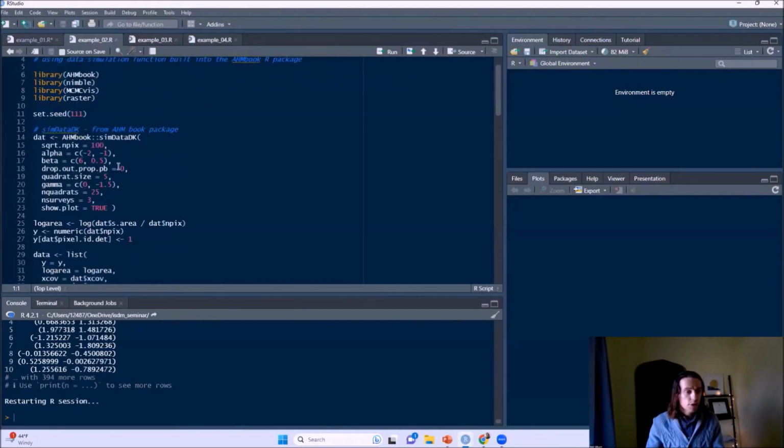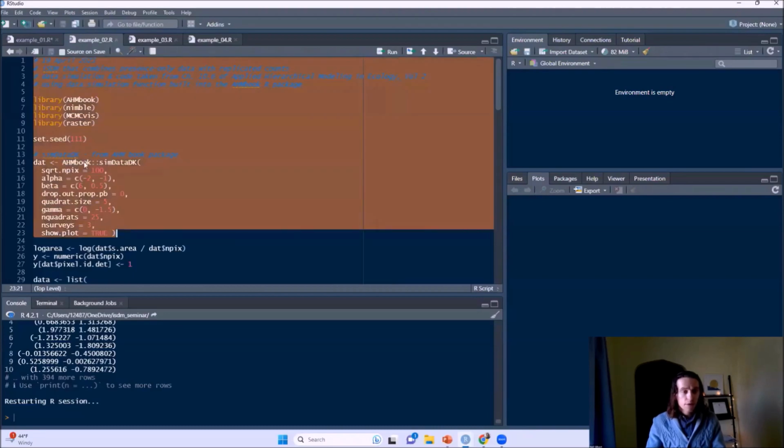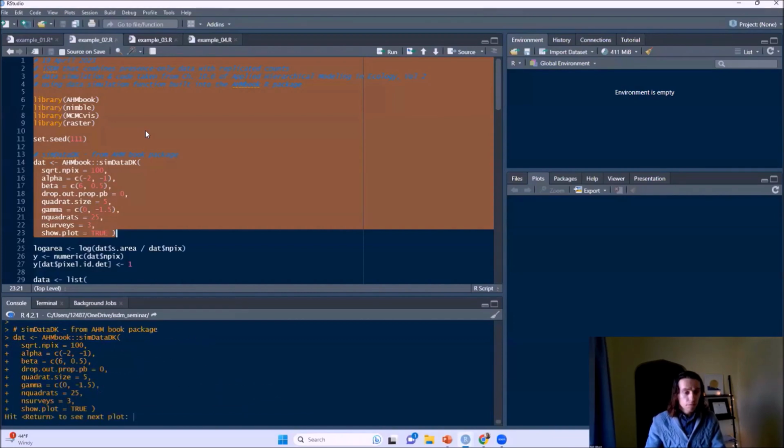So what I'll do here is I'm just going to run lines 1 through 23 here. This function here is going to simulate the data we'll be using. And I'll do a similar thing where we look at the visualizations of the data, and then we'll get into the code itself.